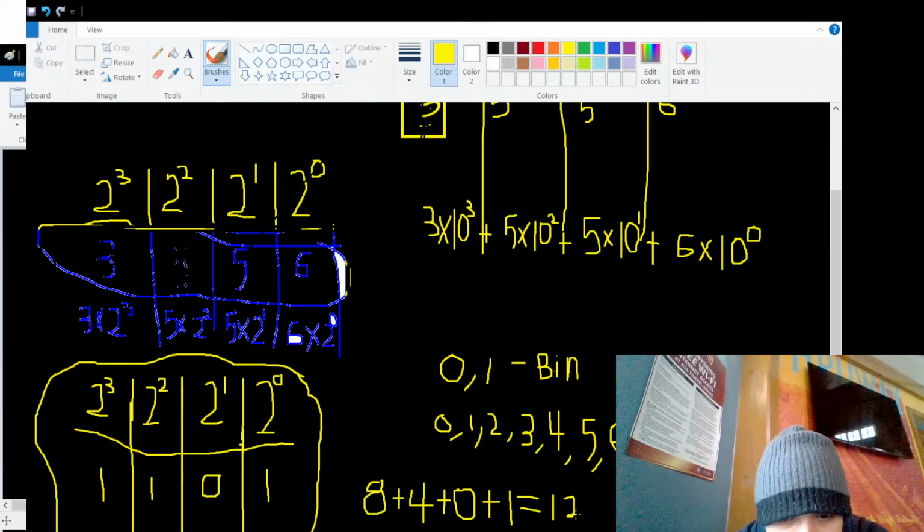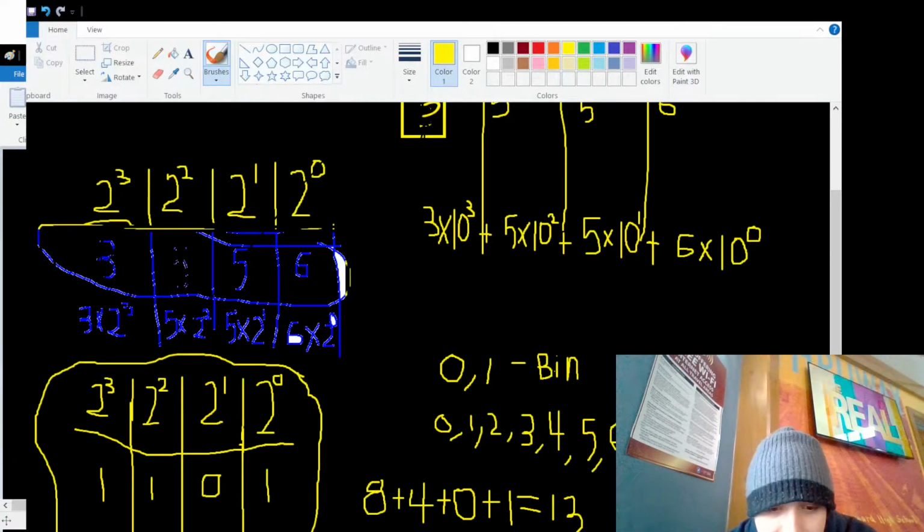So how you would represent 13 in the binary system would be 1, 1, 0, 1.